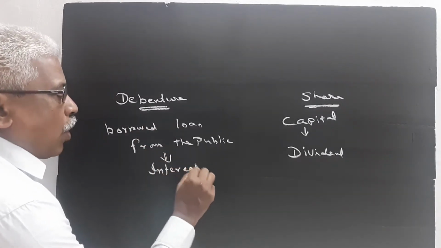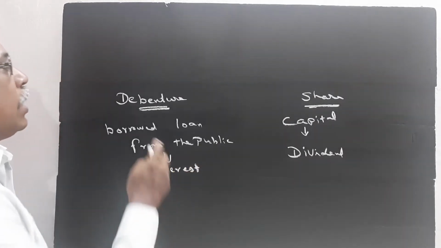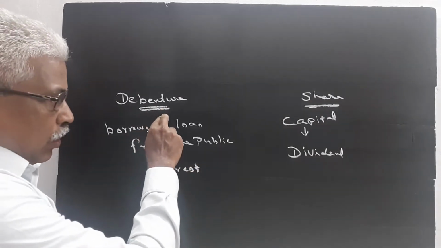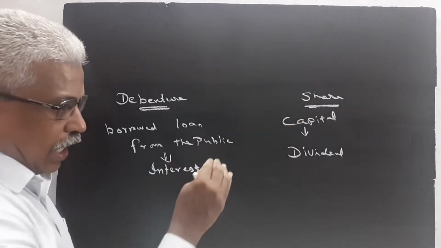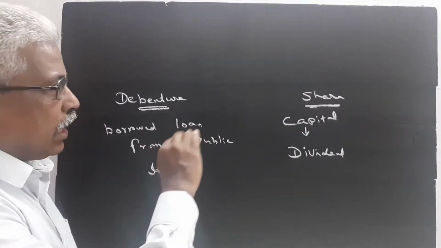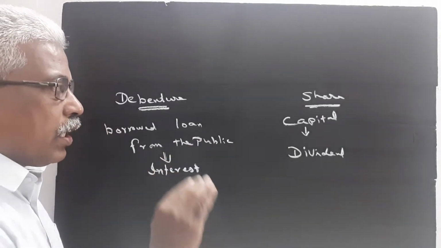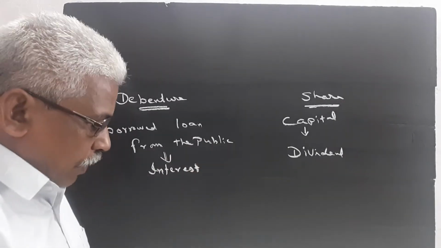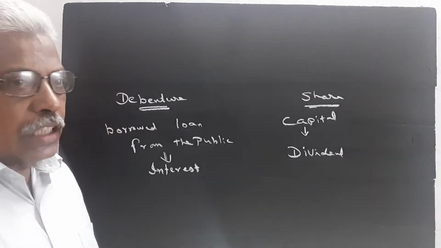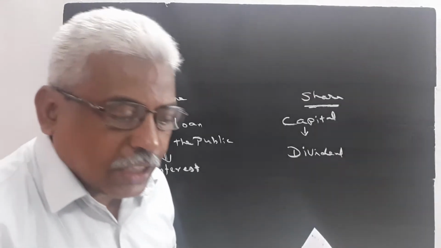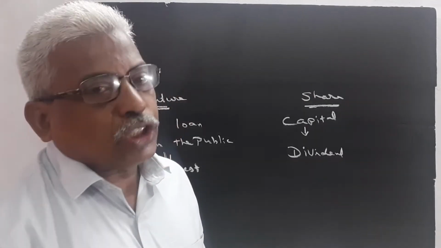So, first we understand the basic points: what is the meaning of debenture, and what is the meaning of share? If you have some idea about debenture and share, we can easily write the differences. It is given in our textbook, and I will explain only what is given in the textbook. Ten points are given.